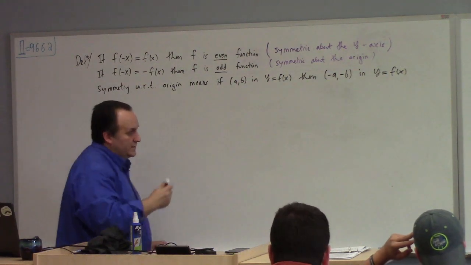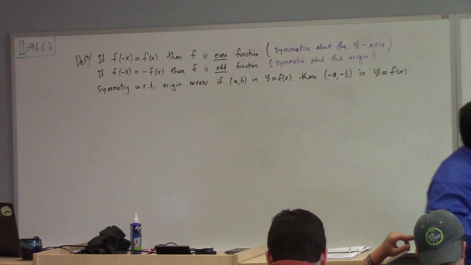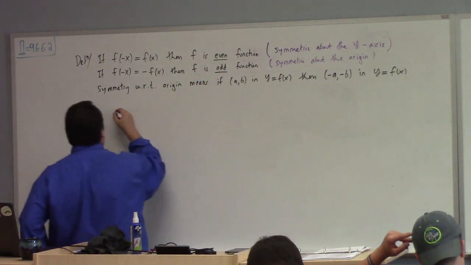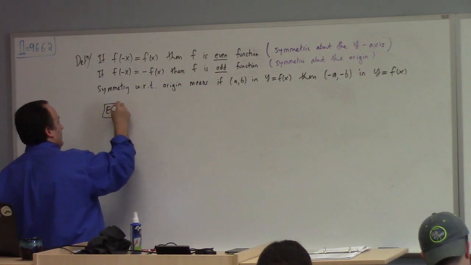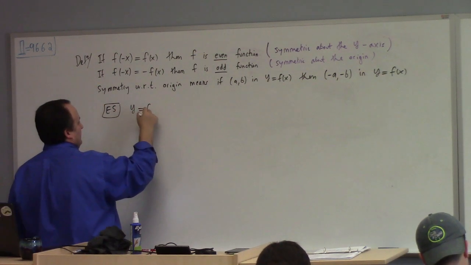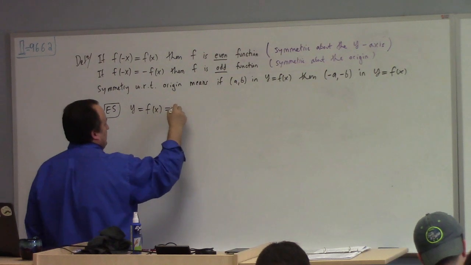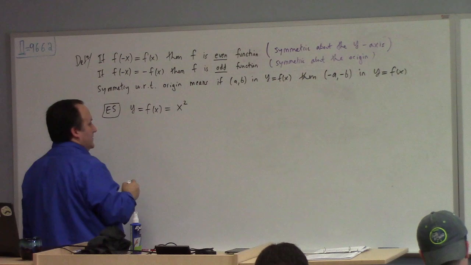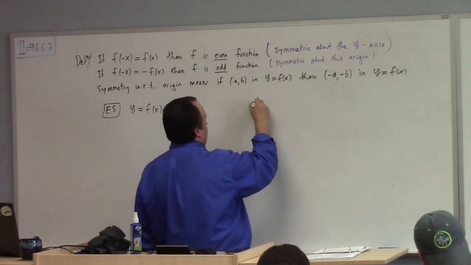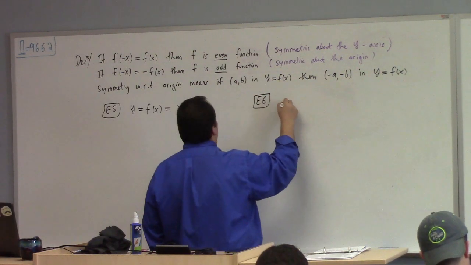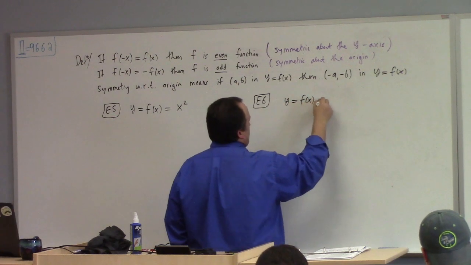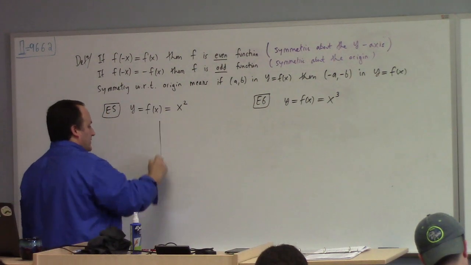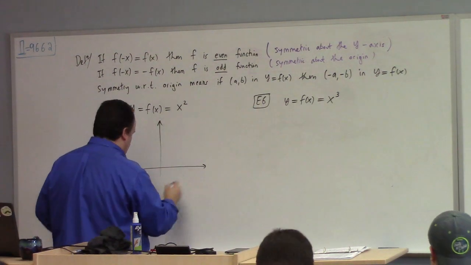So example 5: if we have y equals f of x equals, let's say, x squared, I'll keep it really simple. And example 6, we could say y equals f of x equals x cubed. So x squared, what does it look like?